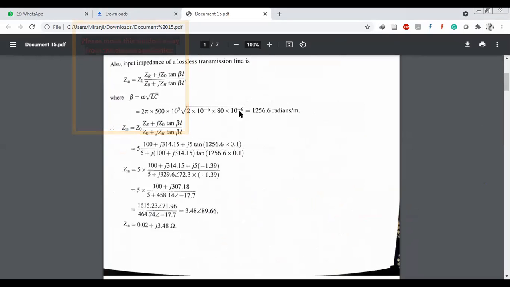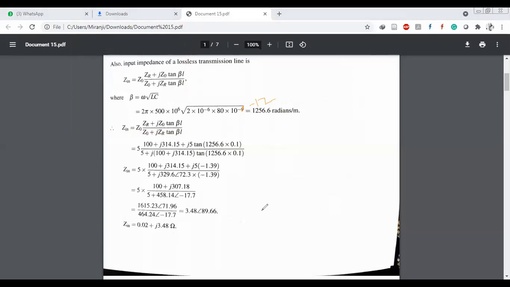Again, this C value is 10 power minus 12. Just substitute those values and simplify. On simplification, we get Zin equal to 0.02 plus j 4.48 ohms. This is the input impedance it offers.